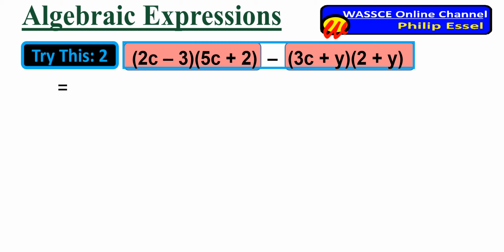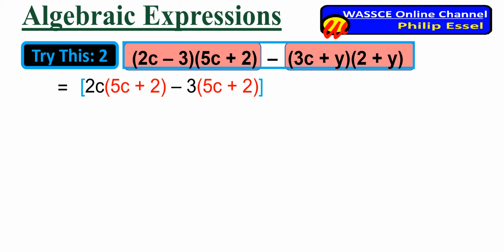When you are given something like this, it is advisable that you solve them in bits and join them together. So we are going to solve the first part of the question, that is the first two binomial expressions being multiplied together.